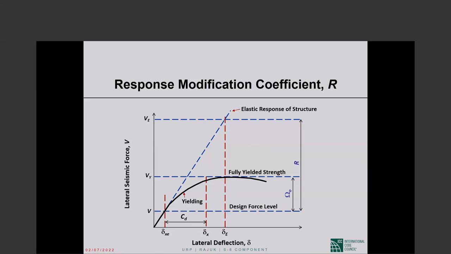The total number of systems is somewhere in the 70s. For each system, we are given 3 parameters: R, C sub D, and omega sub 0. All three actually need explanation because all three play important roles in seismic design, although omega sub 0 probably a little bit less so than R and C sub D.